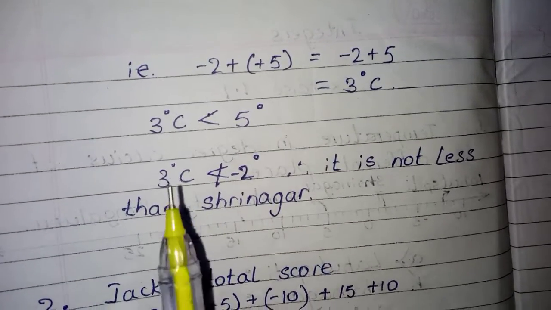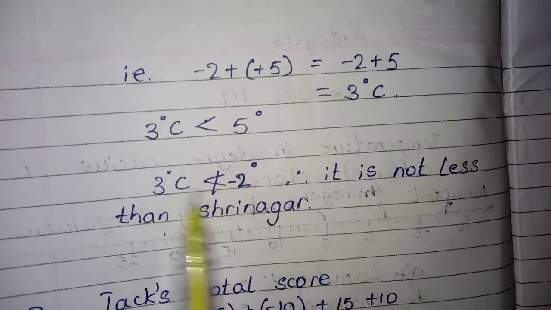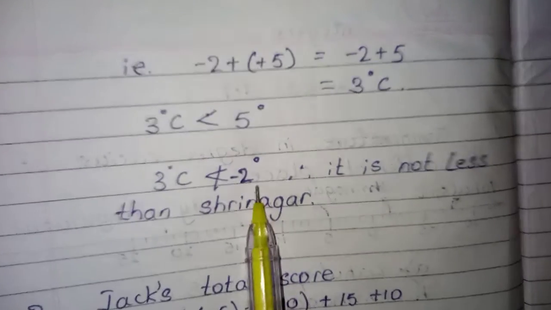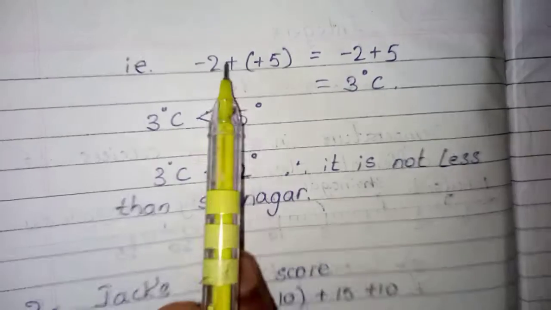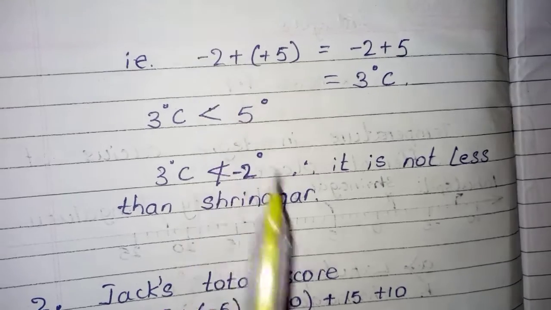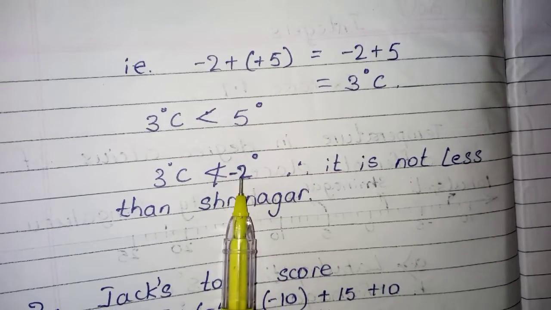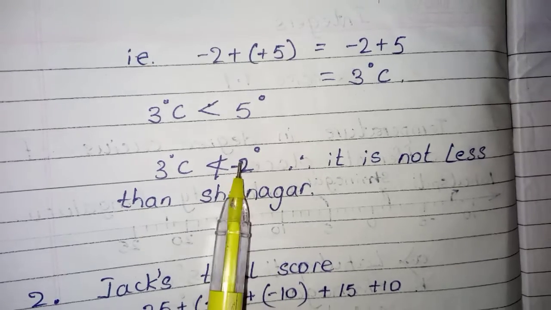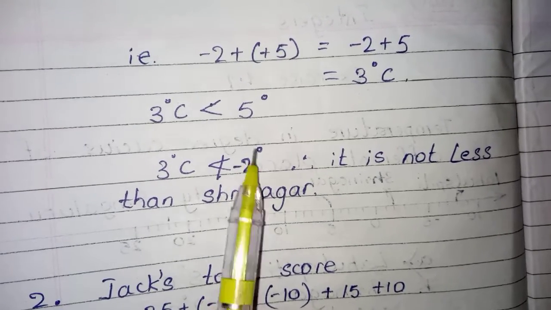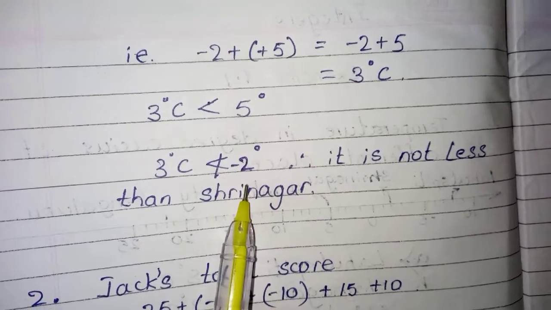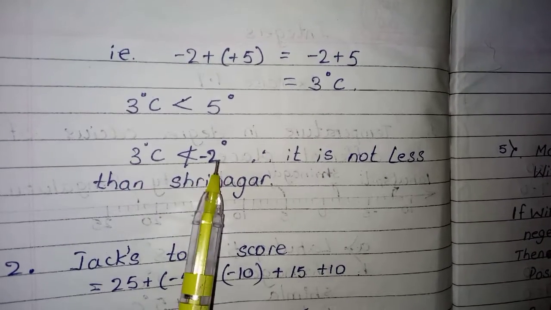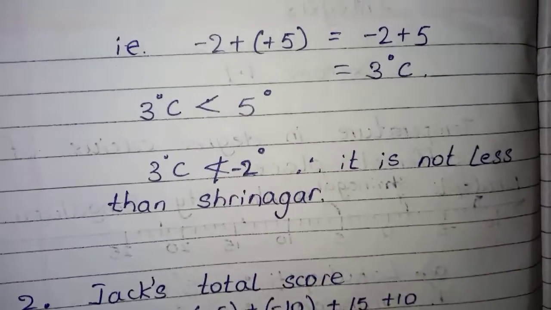The second statement is not true, because 3 degrees is Shimla and Srinagar put together, and Srinagar is minus 2 degrees. So 3 degrees is not less than minus 2 degrees.